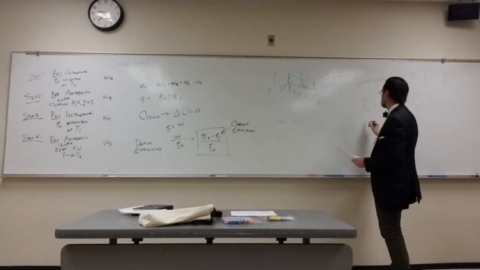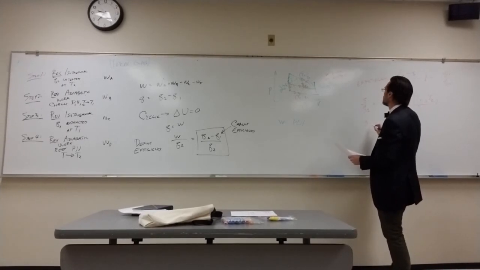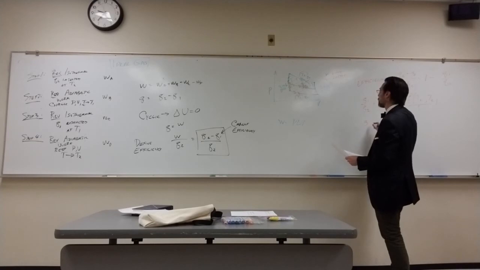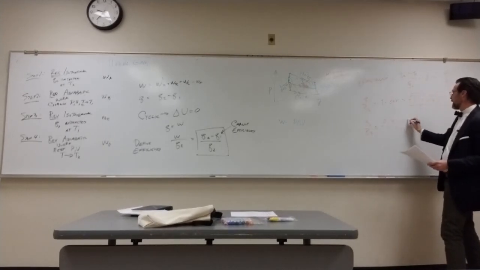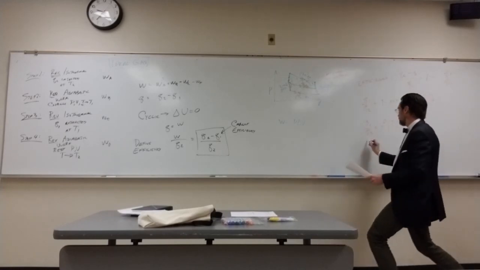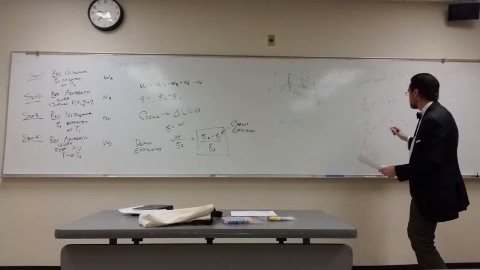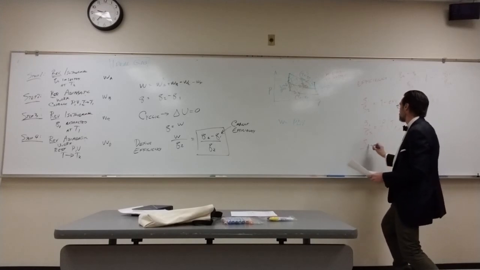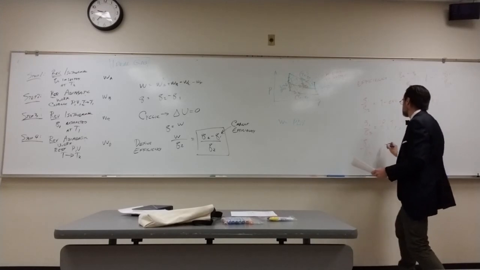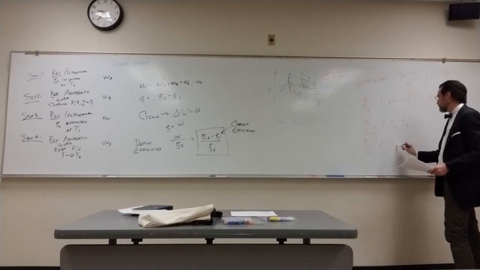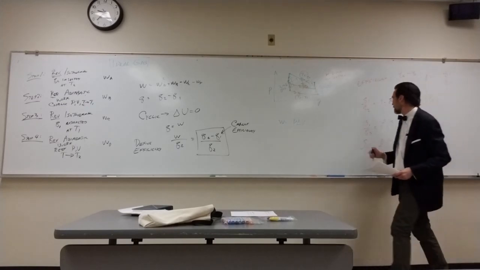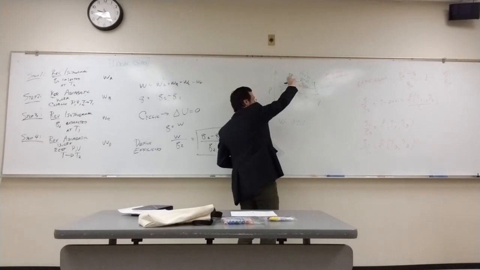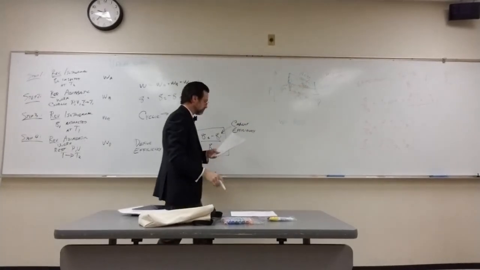I've got Q1, Q3 as a function of T1 and T3, and I have Q3 over Q2, which is a function of T3 and T2, right? I'm looking at the efficiencies for the total and these two sub-engines.